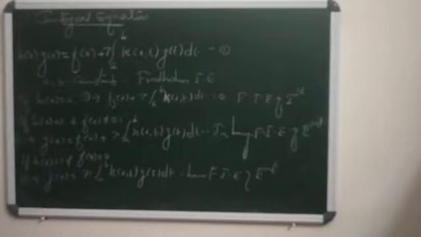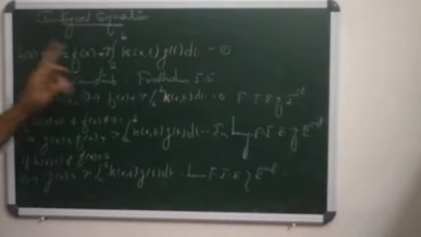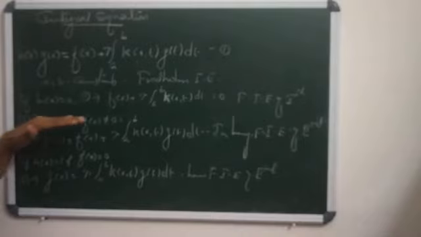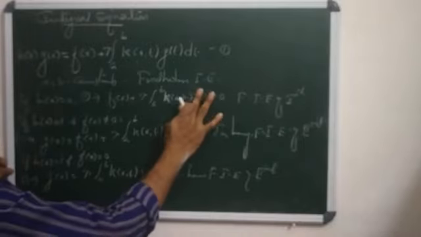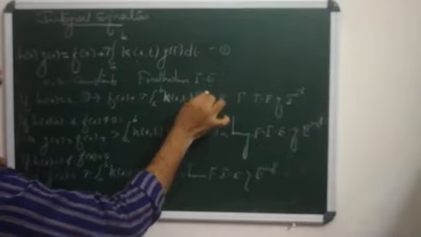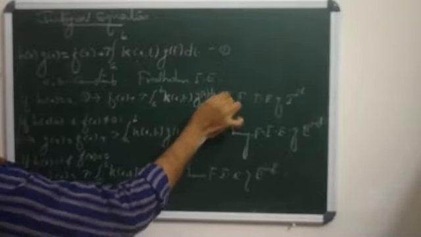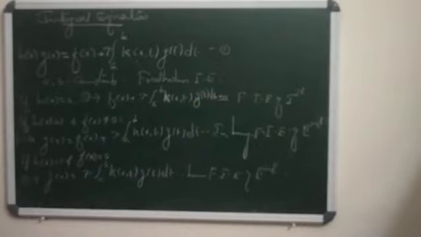If both of the limits of integration are constant, then the standard form is said to be a Fredholm integral equation. And if h(x) equals 0, then f(x) plus lambda times the integral from a to b of k(x,t) g(t) dt equals 0 is said to be a Fredholm integral equation of first kind.